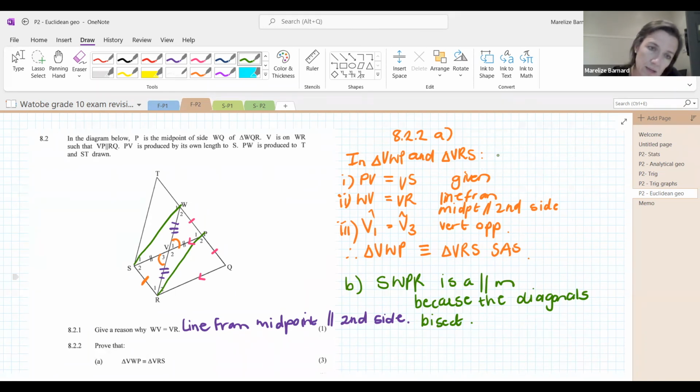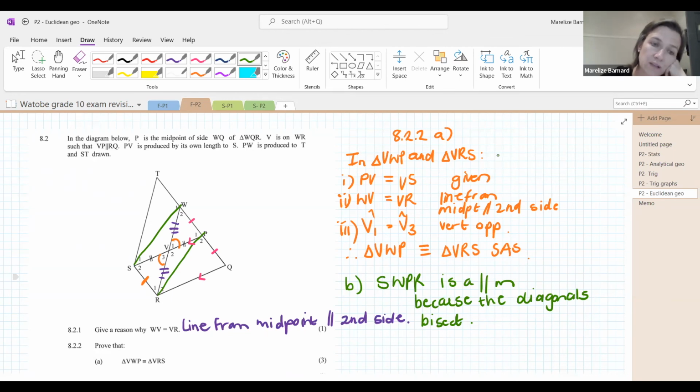Does anyone have any ideas why this one would be a parallelogram? We can do one pair of opposite sides parallel and equal, or we can do opposite sides equal. So we've got one pair of opposite sides equal.